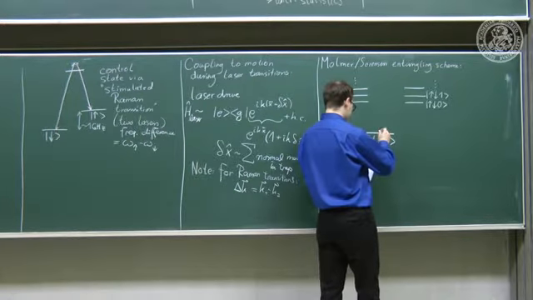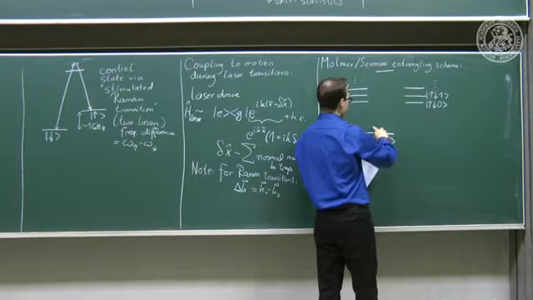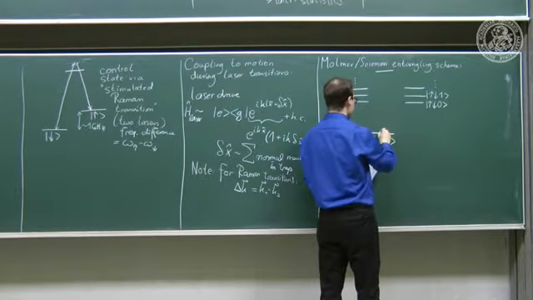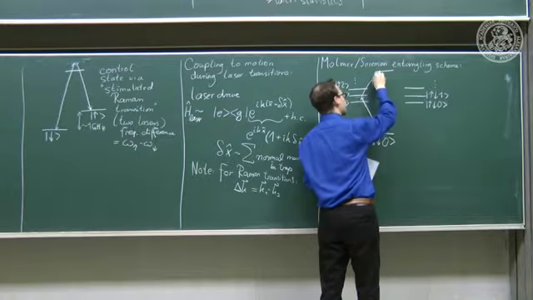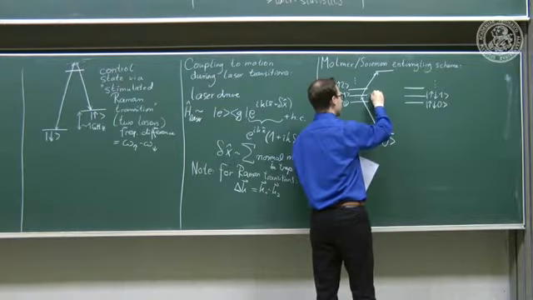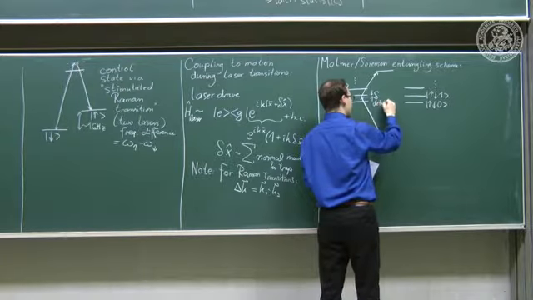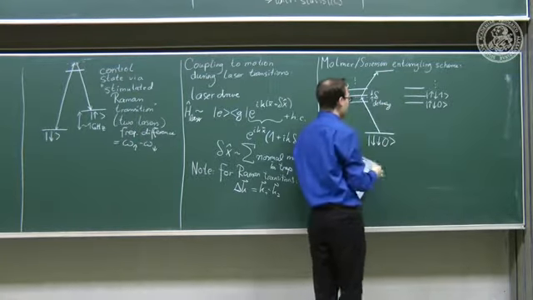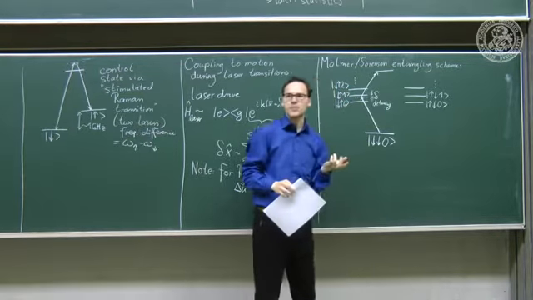So one is choosing two different laser frequencies in such a way that there will be a two-photon transition via a virtual intermediate state that is detuned by some delta. Again, the purpose of this is that the intermediate state is never really populated.